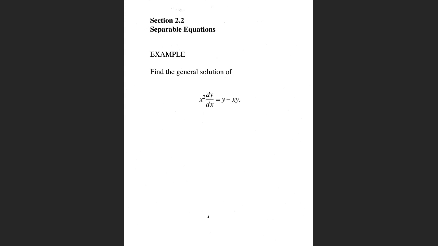Eventually, when we get into section 2.6, Euler's method, we'll learn also how to approximate values of a solution to a differential equation. Right now, we can see what solutions look like, but we also want to approximate values of the solution, and that's going to come up in section 2.6.